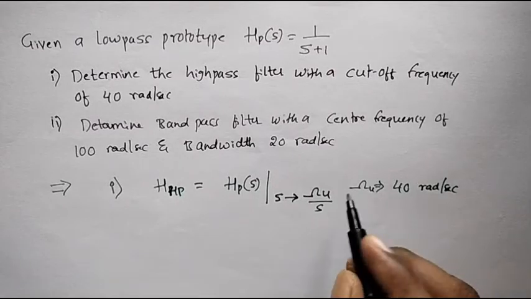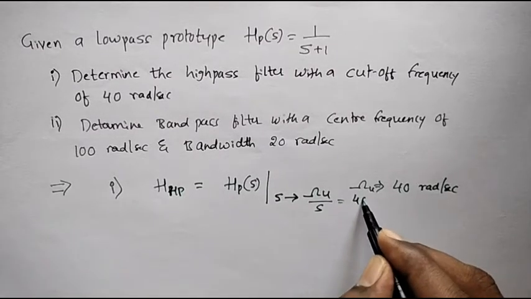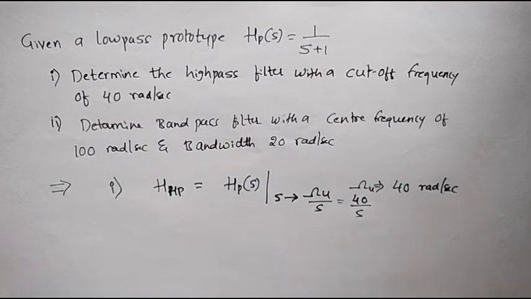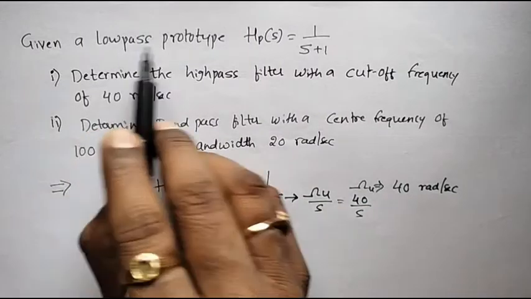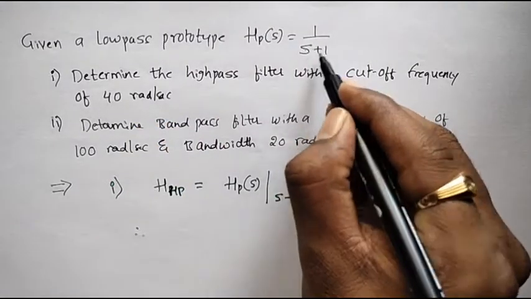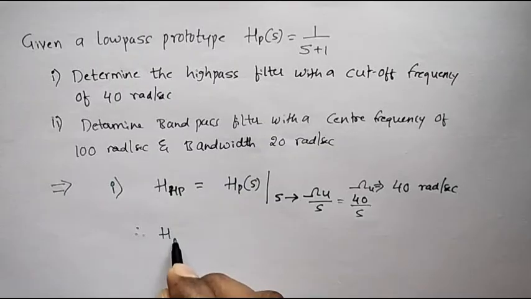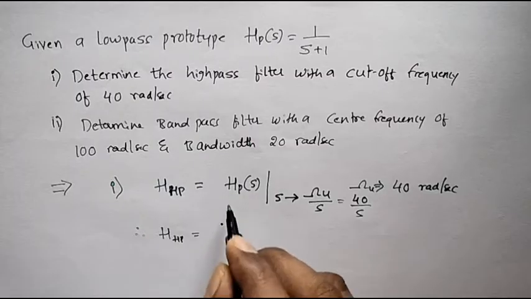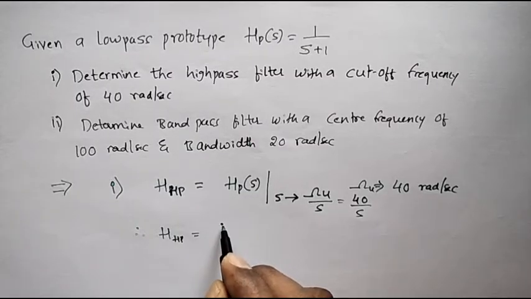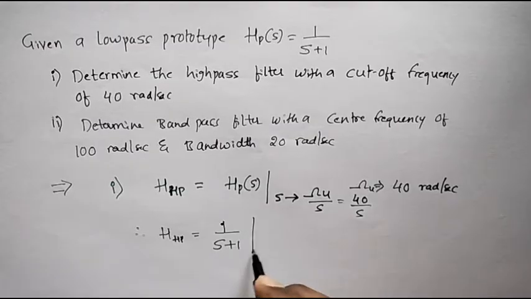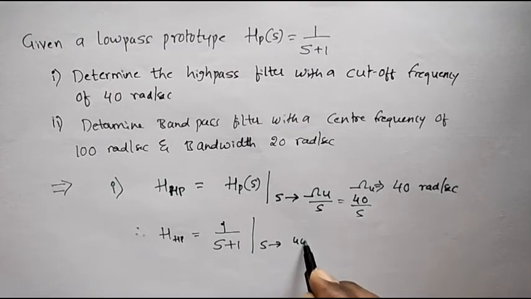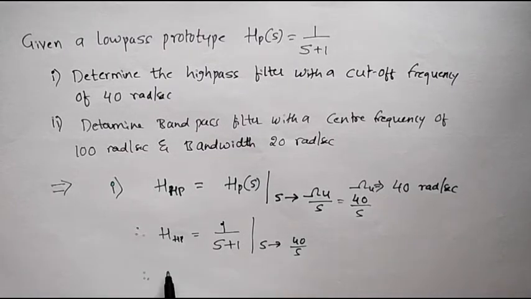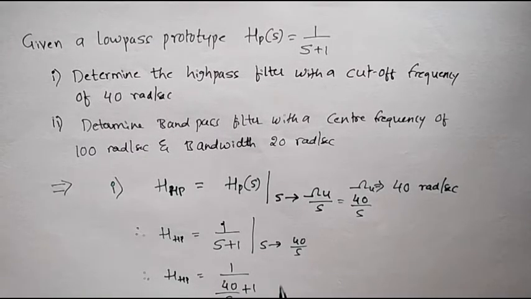So now we are supposed to replace S by 40 by S because omega_u is 40. The given low pass prototype filter is 1 over S plus 1. So the transfer function of the high pass filter is H_P(S), the low pass prototype, 1 over S plus 1, where S should be replaced by 40 by S. Therefore the high pass filter is 1 over 40 by S plus 1.